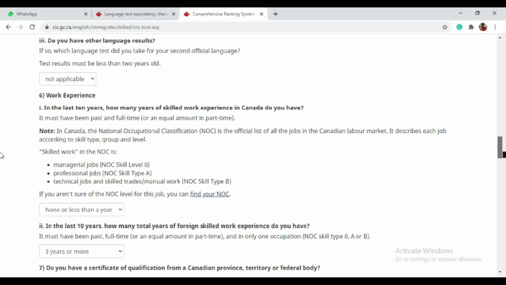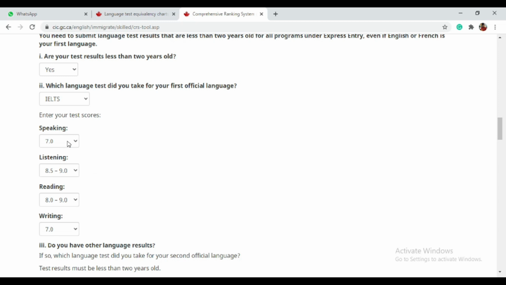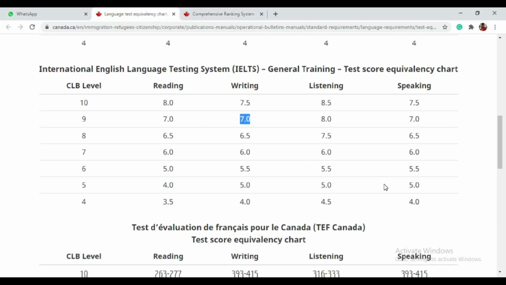So if we scored CLB level 10 in everything, that will be 4 multiplied by 3, that is 12. So our score increased from 469 to 481. That was 12 points, 4 multiplied by 3 points each. So that goes the same if you scored a CLB level 9 in everything, but in writing you scored CLB level 8. So your score will change accordingly.